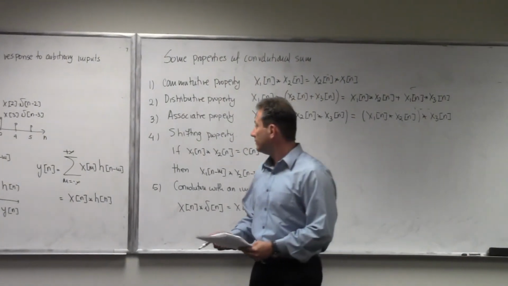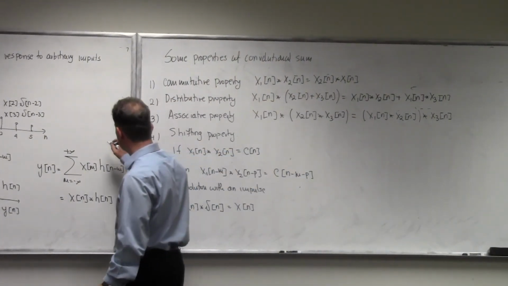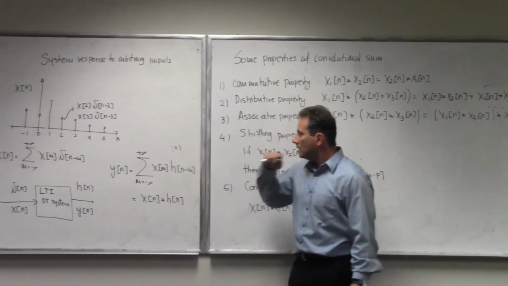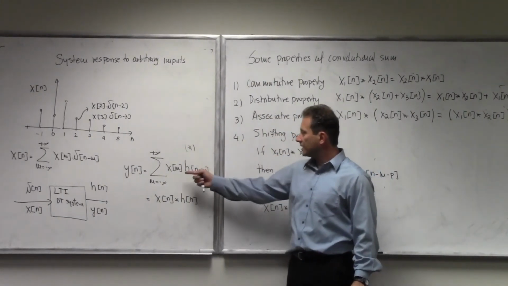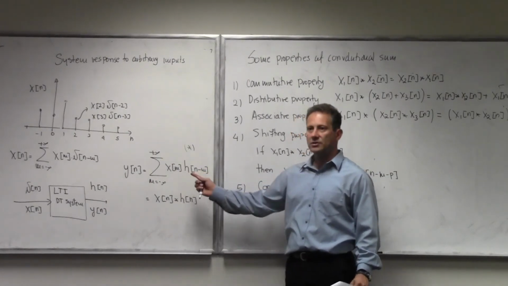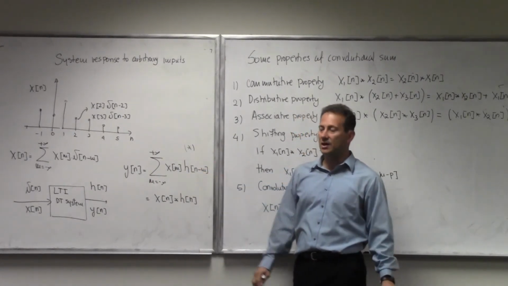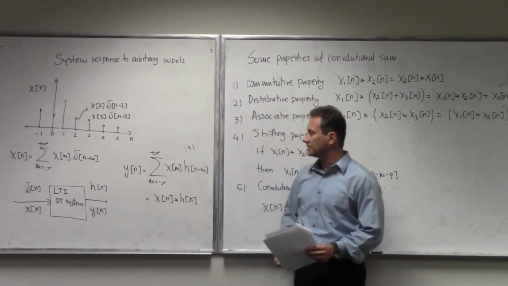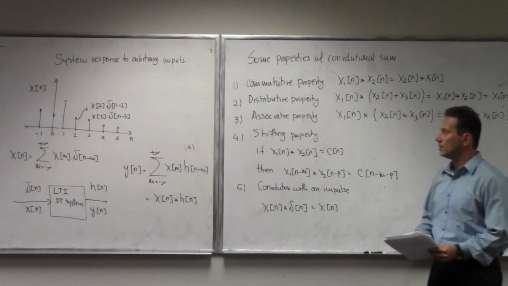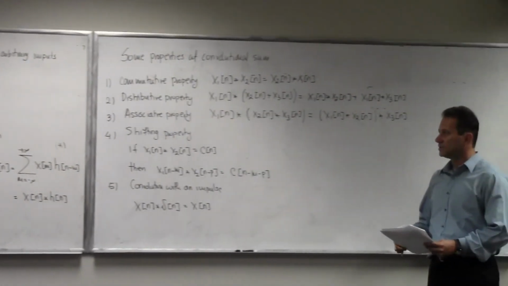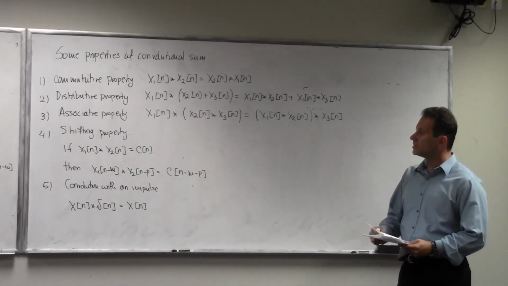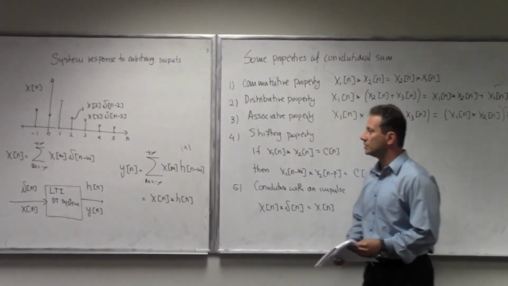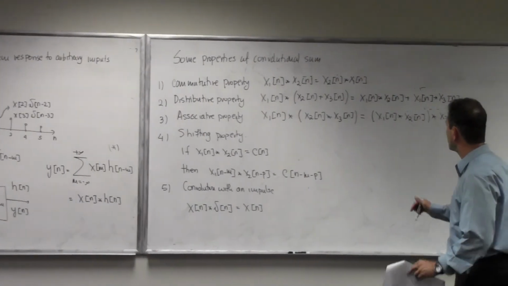Now, the equation that I have here is valid in every case, meaning that your x of n and h of n can start and end at arbitrary positions along the sample axis. Usually, in a lot of applications, we deal with causal systems. If the system is causal, then the convolution gets a little bit simpler form.